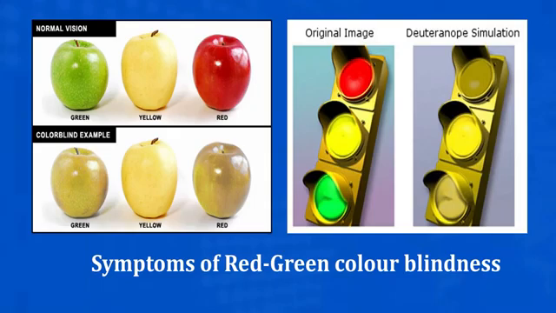Rods will sense the low light and cones will sense the color as well as the bright light. These three genes will help in the formation of light sensing pigment in the cones. The defects in the genes will result in the abnormal condition of the vision.